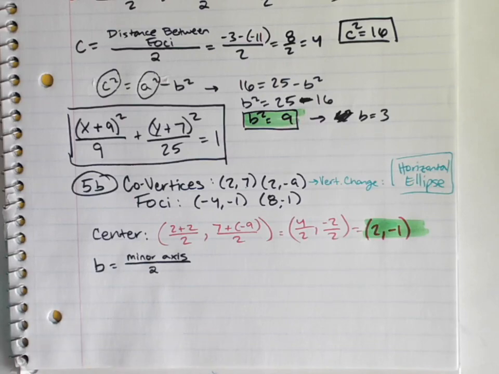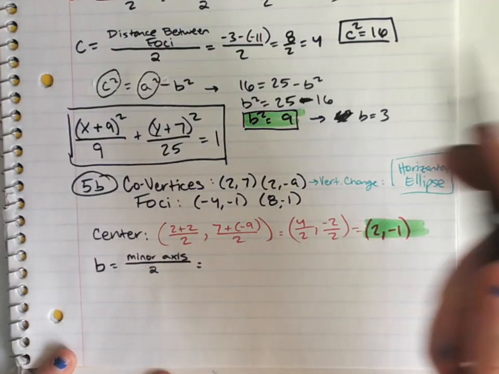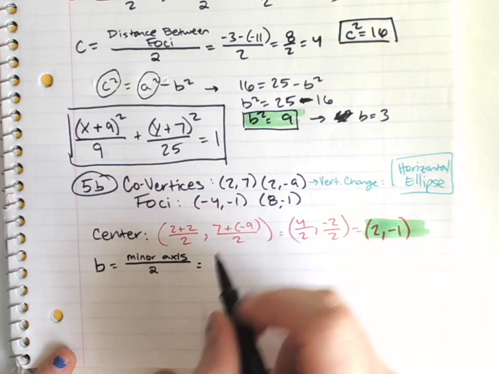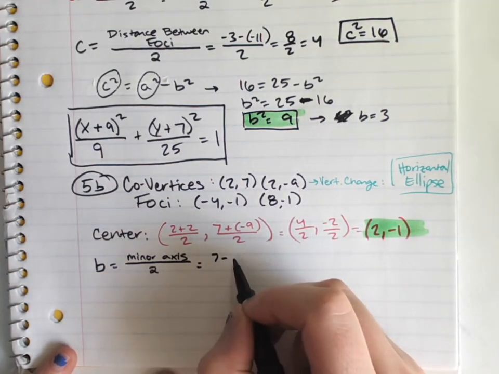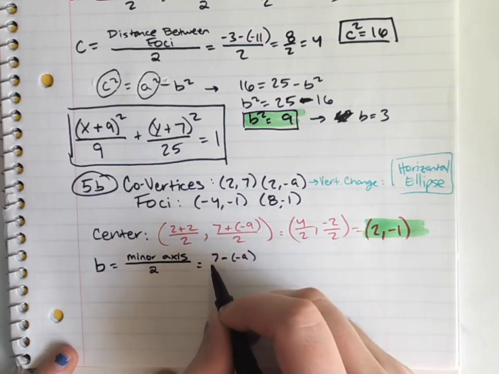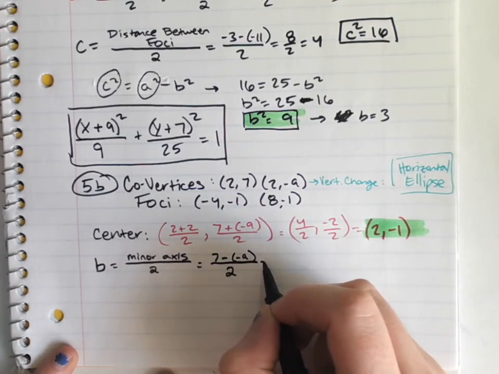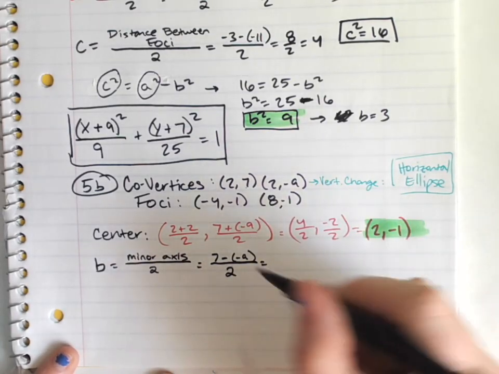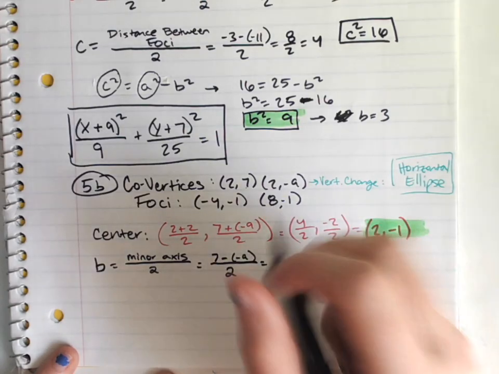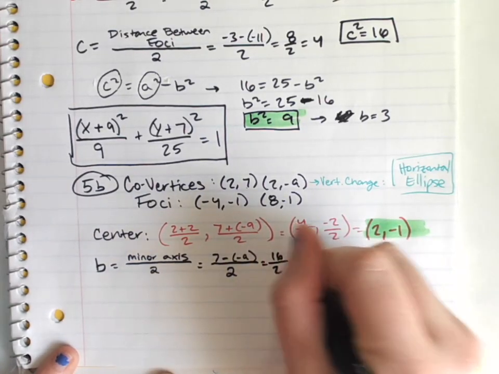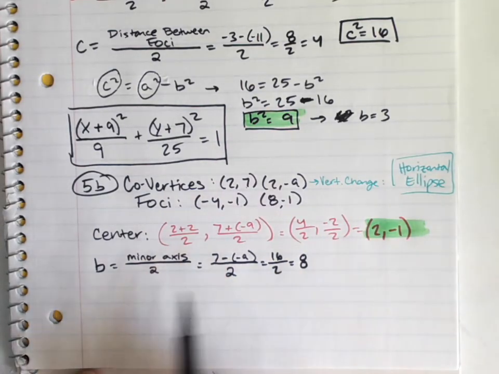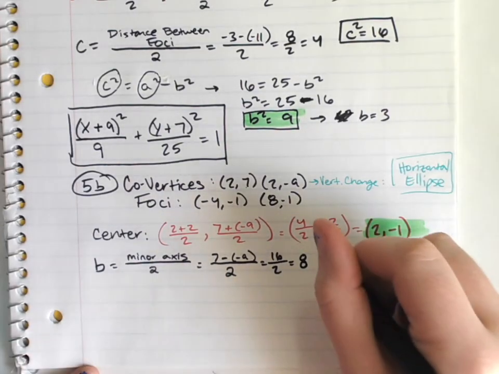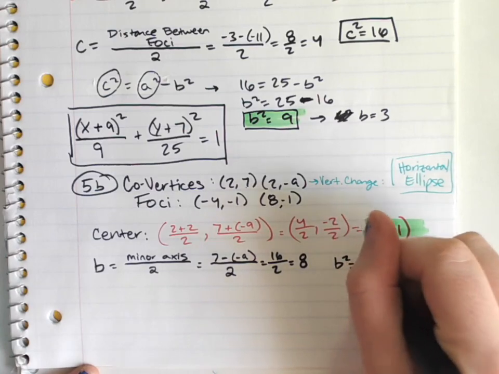So let's find the length of the full minor axis. That is between 7 and negative 9, cut in half. So we've got 16 over 2, which is 8. So if B equals 8, then B squared is 64.